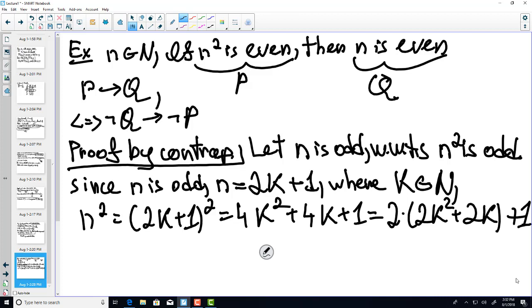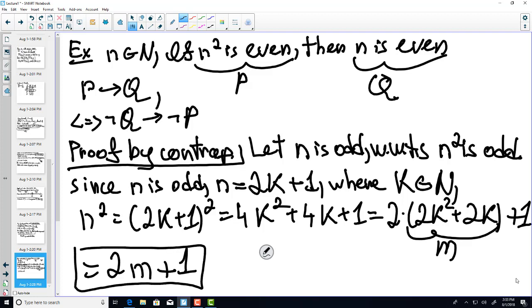Note that this is an integer, a square of an integer is an integer, and if we denote it by some m, we can write the whole thing as 2m plus 1. But this is just the definition that the number is odd. So from here it follows that n squared is odd, and we are done.